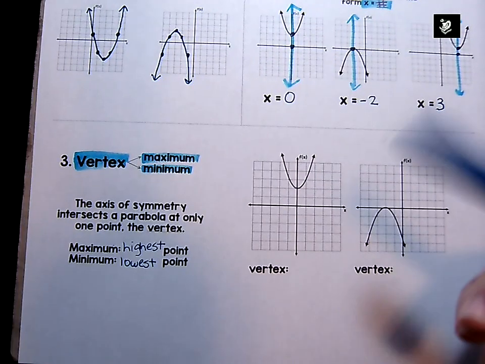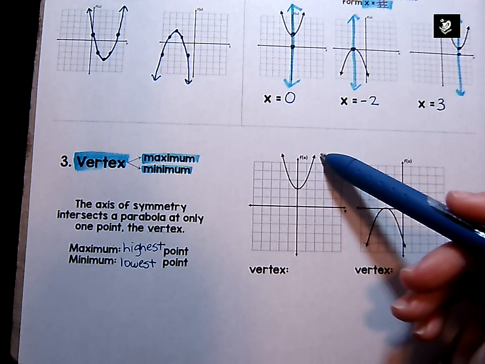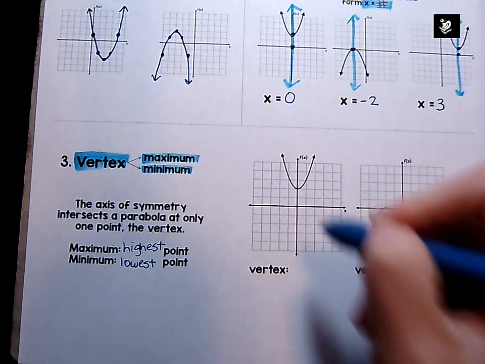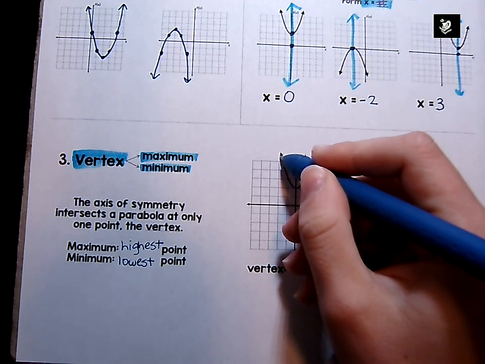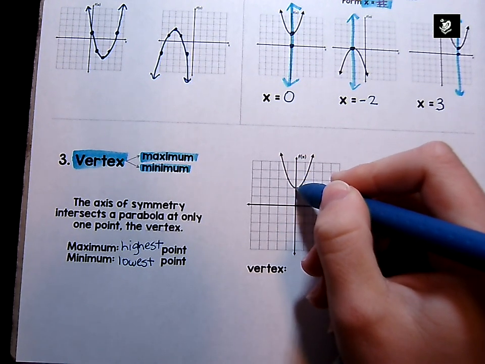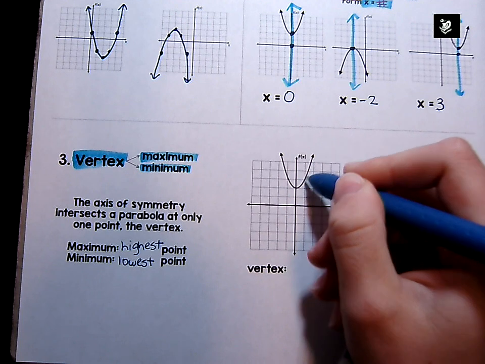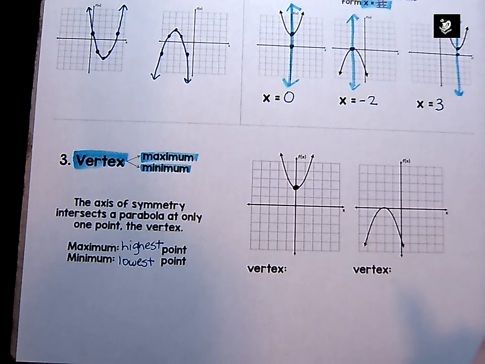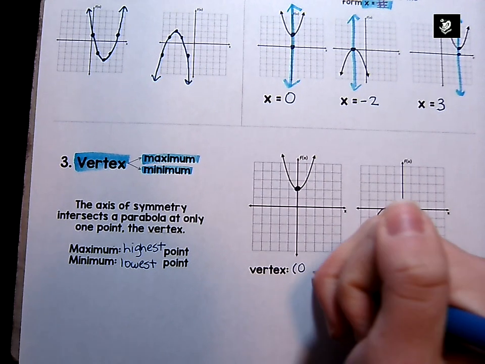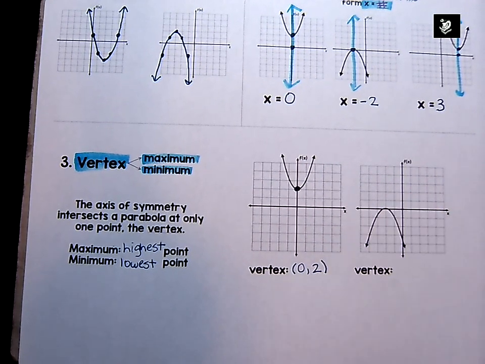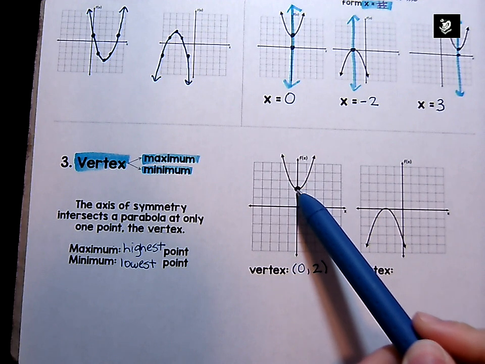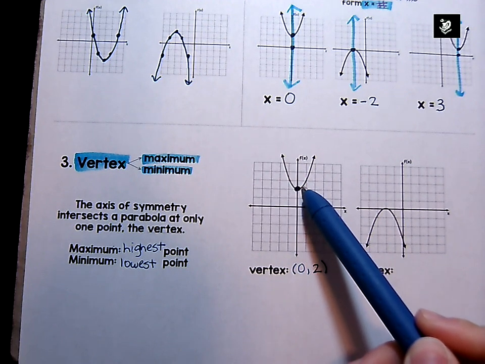So let's look here. What do we think the vertex of this graph would be? Well, it's where the graph turns. So it's coming down, stopping, and then turning and going back up. So this turning point right here is my vertex, and that is the point 0, 2. Since this parabola is coming down, it hits its lowest and goes back up.